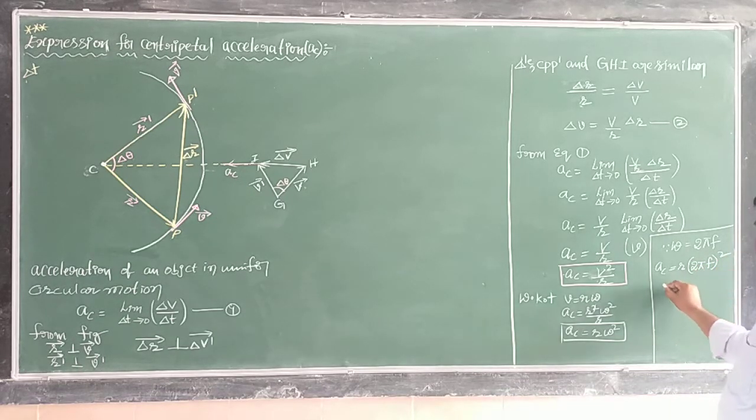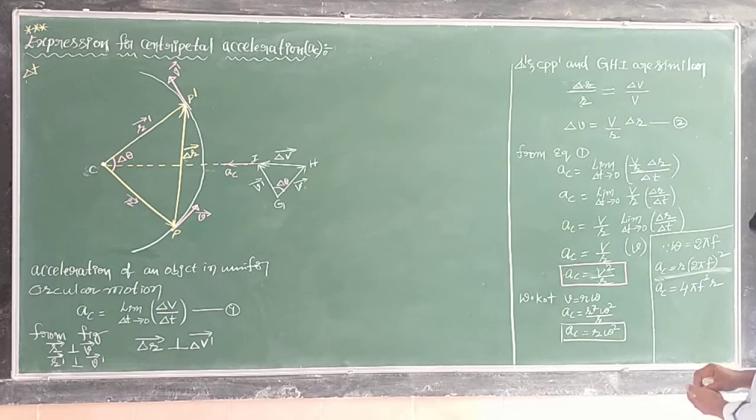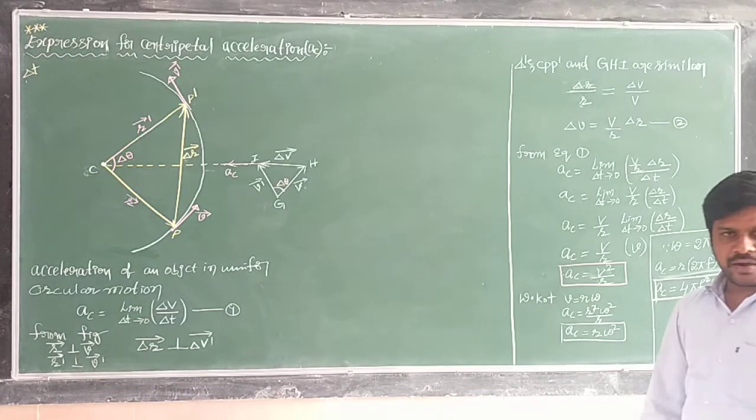AC is equal to 4 pi square f square R. This is the centripetal acceleration. Centripetal acceleration we can write in different forms: in terms of frequency, in terms of linear velocity, and in terms of angular velocity.